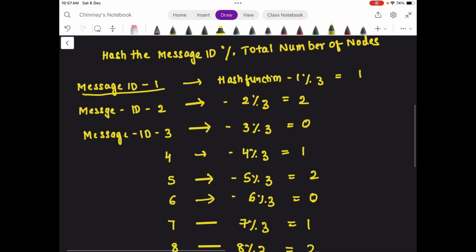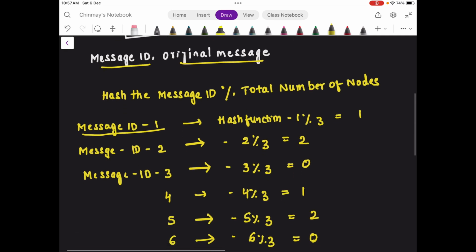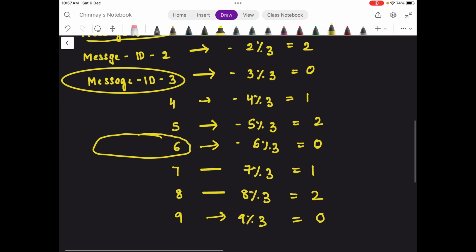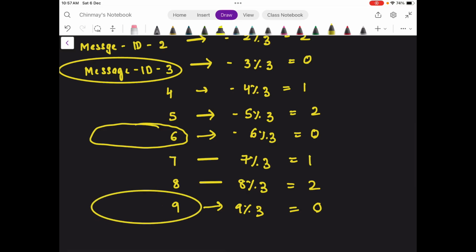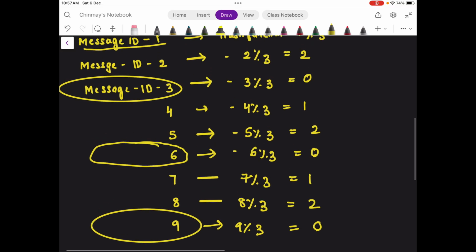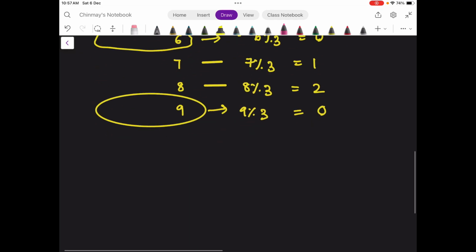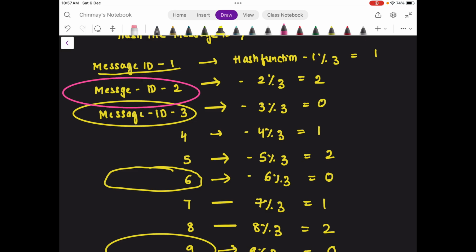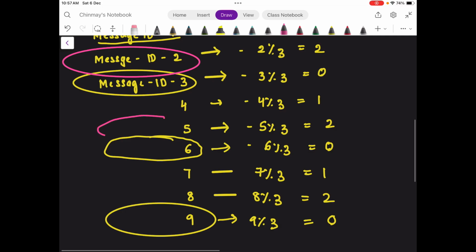Now the messages are distributed across all three nodes. Message ID 3, message ID 6 and message ID 9 go to node 0. Message ID 2, message ID 5 and message ID 8 go to node 2.